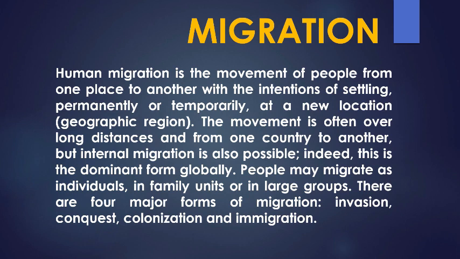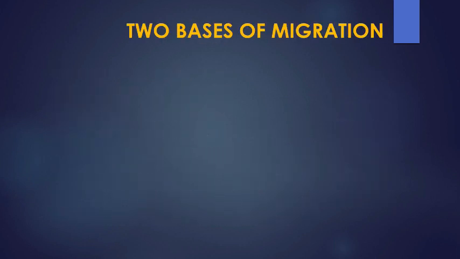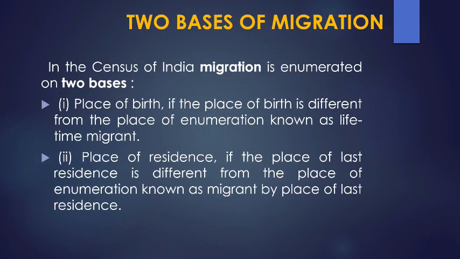So, moving on to the next basis of migration. In the census of India, migration is enumerated on two bases. First is place of birth. If the place of birth is different from the place of enumeration, the person is known as a lifetime migrant. 30% are represented as migrants by place of birth according to the 2001 census.